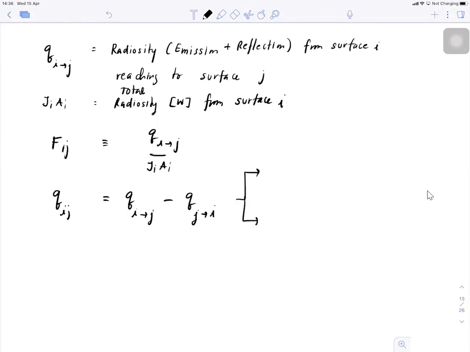And it has the plus sign, means surface i loses heat. Okay, minus meaning surface i gains heat.